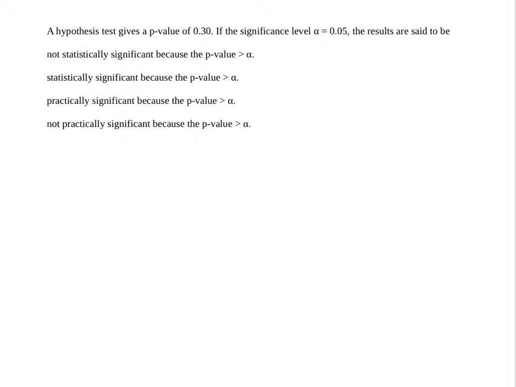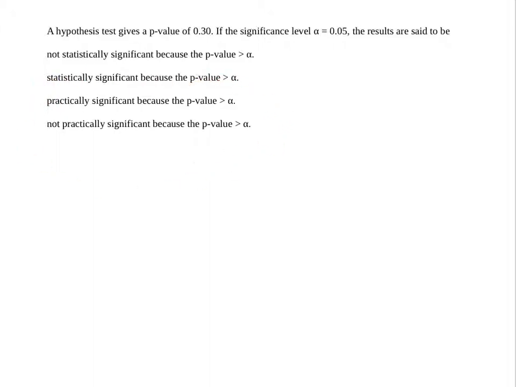Right? Now, a red herring, I don't know if that's the correct term in this case, but something that's meant to throw you off here would be practical significance. Now, when you're given a p-value and a significance level, you can't make any kind of judgment about practical significance.